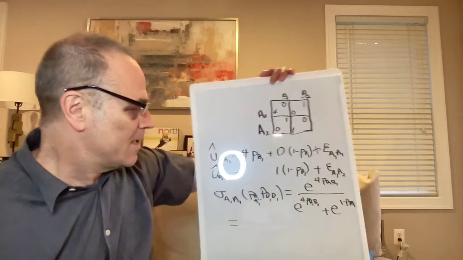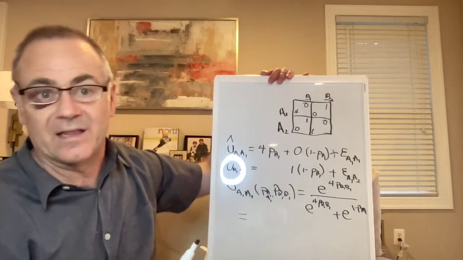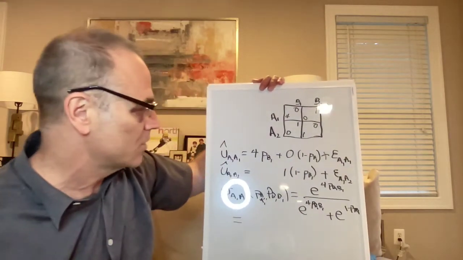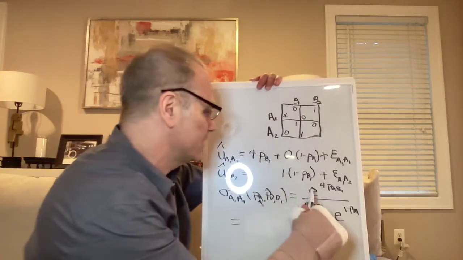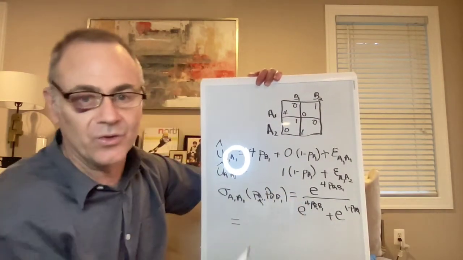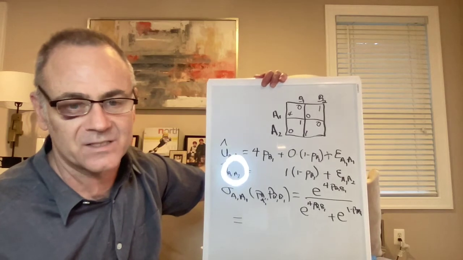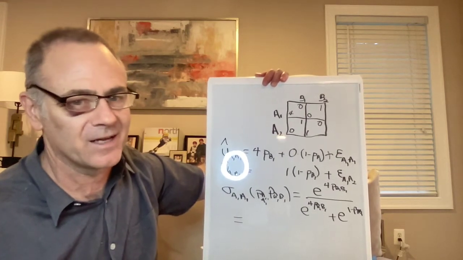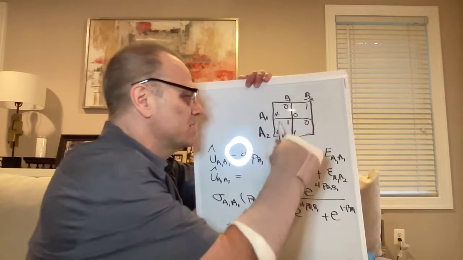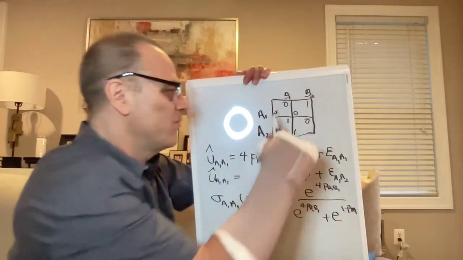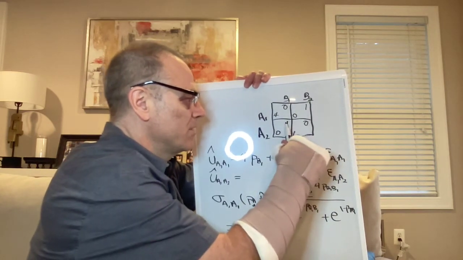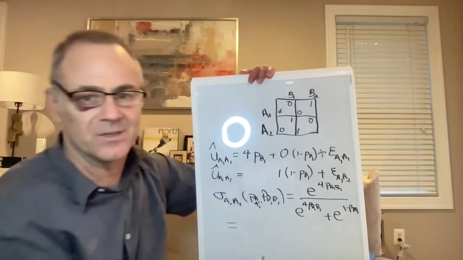Now that's a little uncouth, and it can cause problems. If we change the units of the payoffs, that's going to change the probabilities, and that shouldn't happen. For instance, suppose it paid in dollars, so $4 to A if you get that outcome, $1 to B if you get that outcome, and so on.